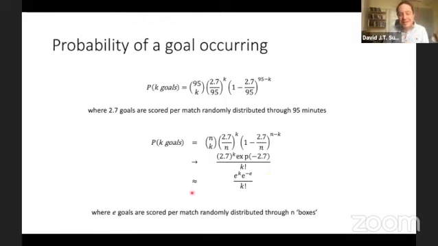This is a bit geeky actually. I actually thought about this a lot: 2.71 is very close to the number e. So e is approximated by 2.71. So the fact that you have 2.7 goals in football means you can write this equation down, which will work very nicely for a lot of goals in football.